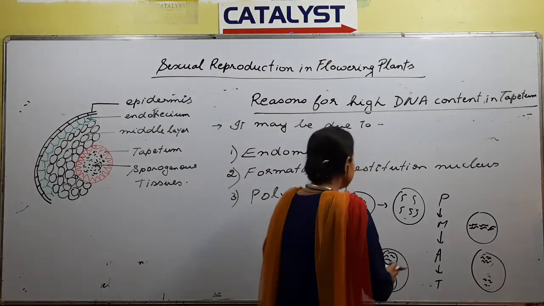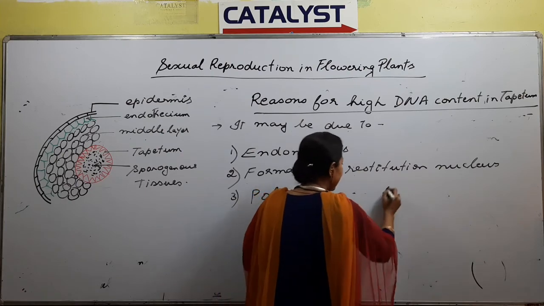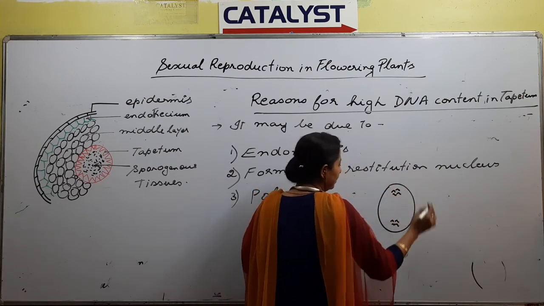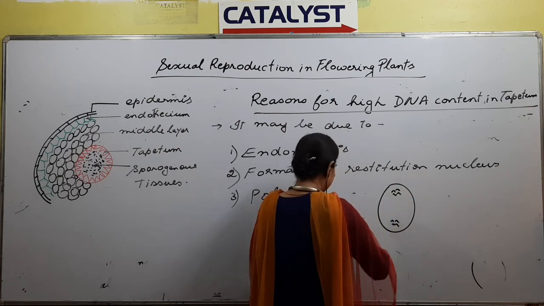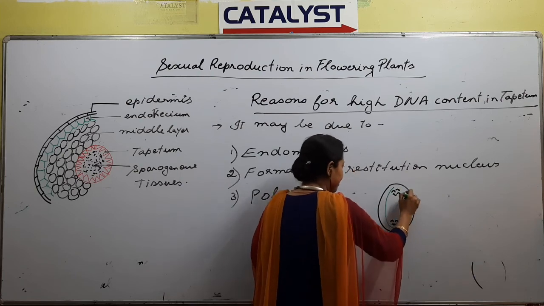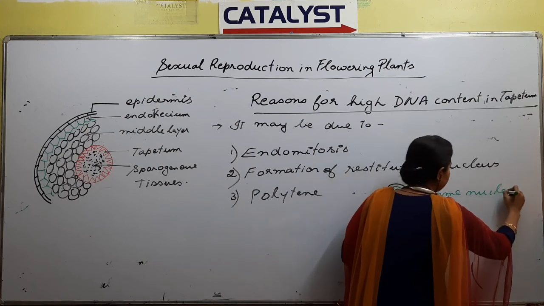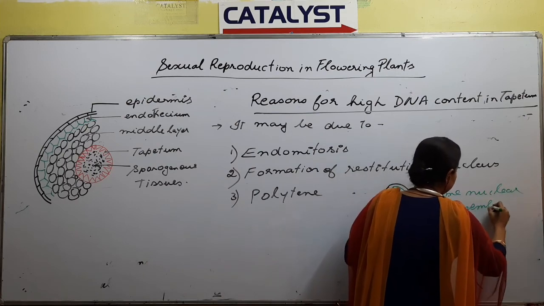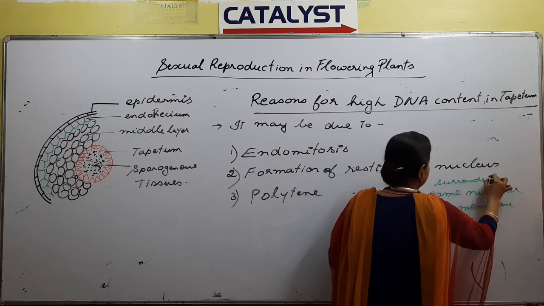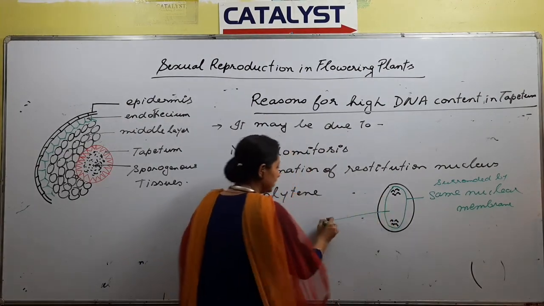So the restitution nucleus condition is that the chromosomes move to their respective poles in anaphase, but they remain surrounded by the same nuclear membrane, and such a nucleus is called a restitution nucleus.